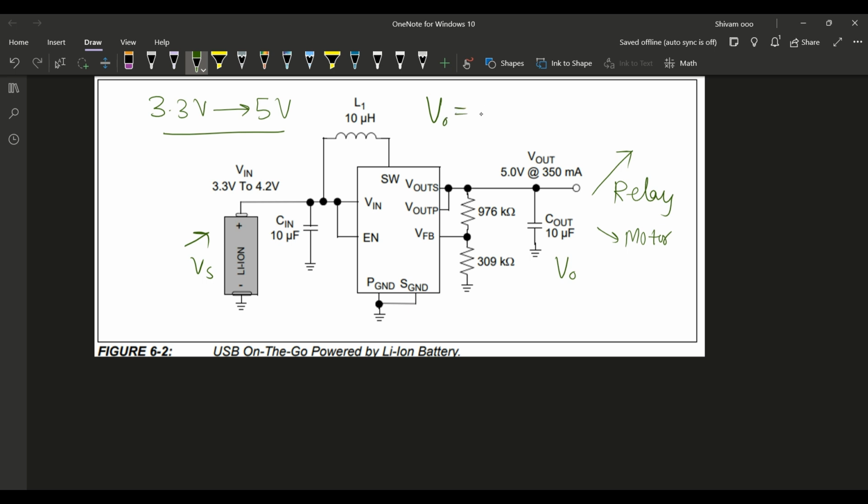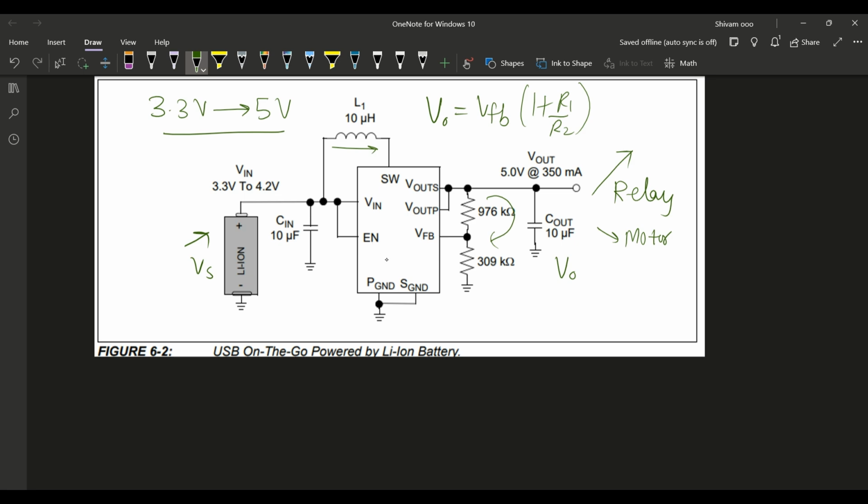My output voltage will be a function of the internal feedback voltage and the resistor divider equation. Basically I set the value of the resistors, and according to that I get the output voltage. This is the inductor to store the energy, and it's connected to the MOSFET, which turns on and off, stores the energy and delivers it to this output cap.